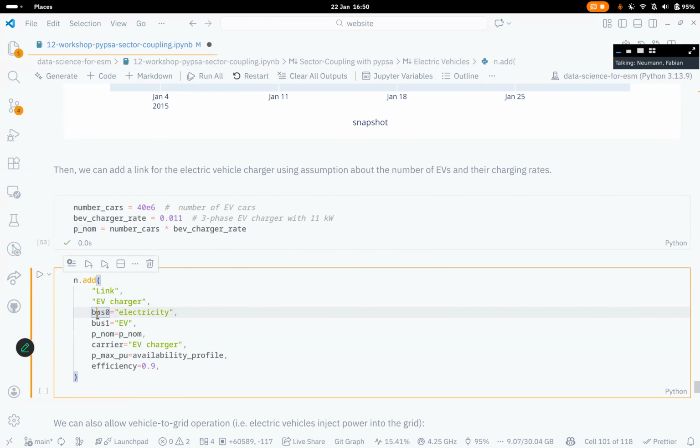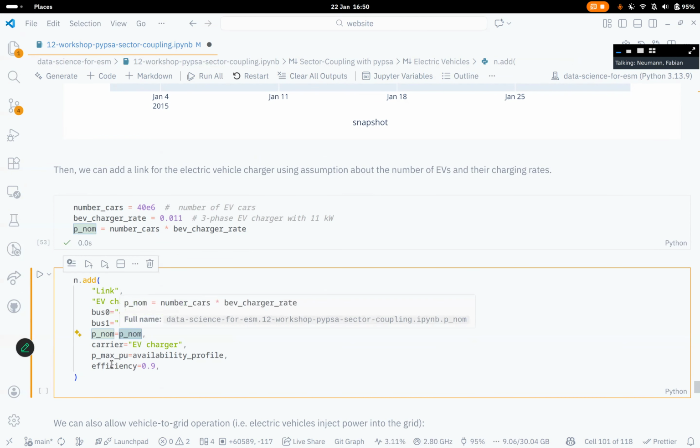That gives us a p_nom value for our link. And the link basically looks just like the electrolysis, for example, that turns electricity to heat. Here we have electricity to EVs with set fixed capacity. So that's not a component that we assume is extendable. We just assume the number of electric vehicles is given. And here we add, just like we add, for example, for the wind and solar generators, a p_max_pu as availability profile that downrates our capacity in the different time steps.